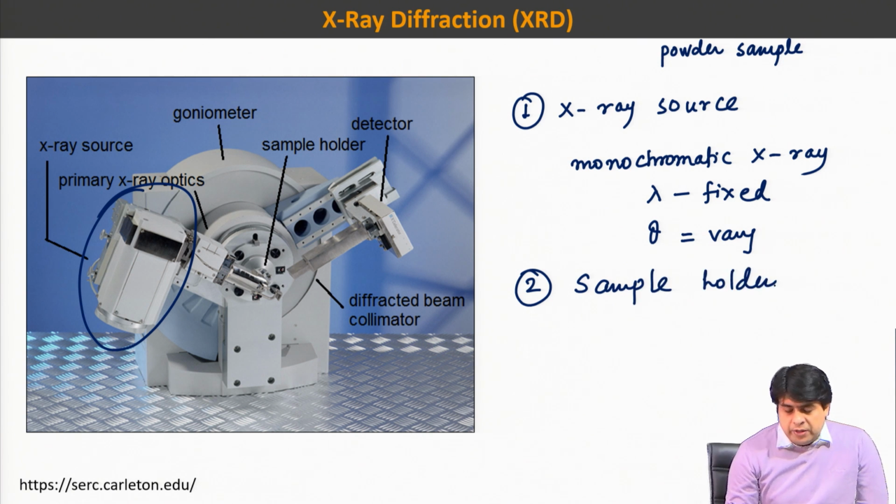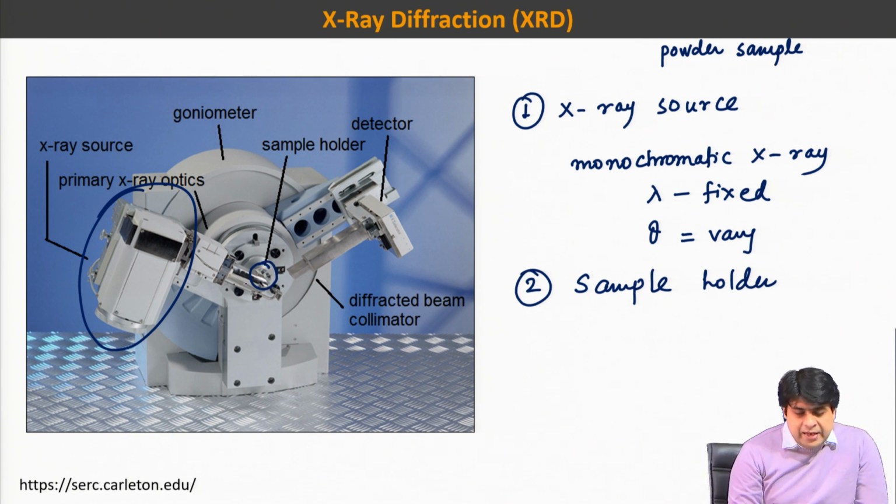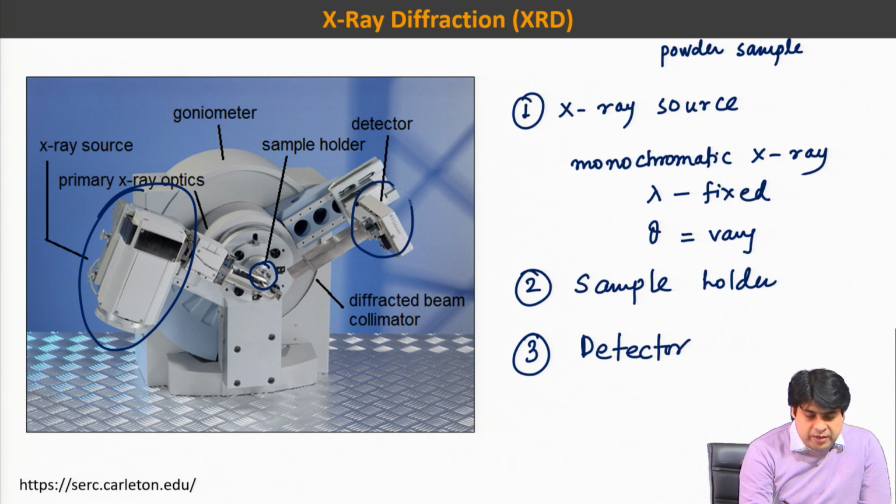We have some kind of glass material, and in this glass material we put the powder sample. It is present here. Then we have a third part, which is a detector, present somewhere here.